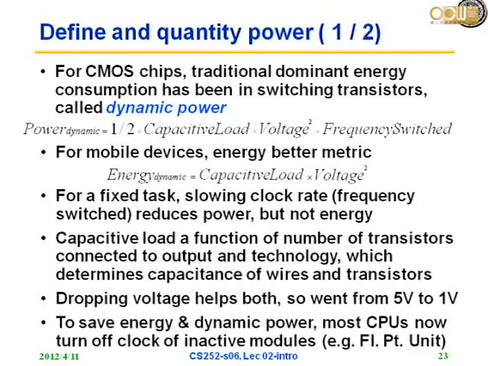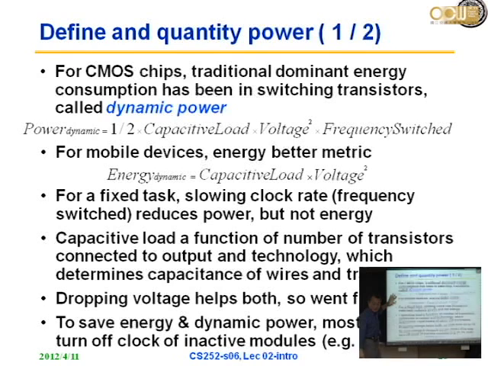So have we defined what the power is? Yes, we have. Could be watts or joules. Do we know how to quantify them? Yes, we do. This is the power equation, and this is the energy equation. And if you really want to quantify them, then for every output signal, you have one power equation and one energy equation.